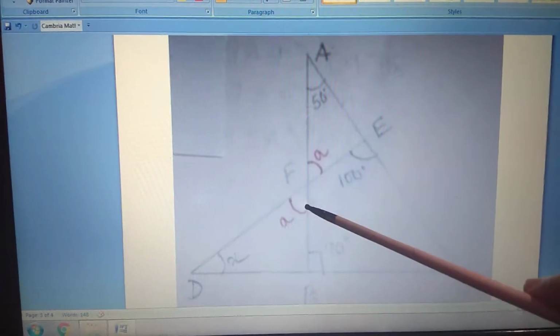Some properties of lines and angles are also being used, because a triangle is formed by line segments only. So this is A. Now look at this triangle BDF. These two are interior opposite angles and 90 is the exterior angle. So the next equation will be x plus A equals 90, where the value of A is known to us, and then we can find x.